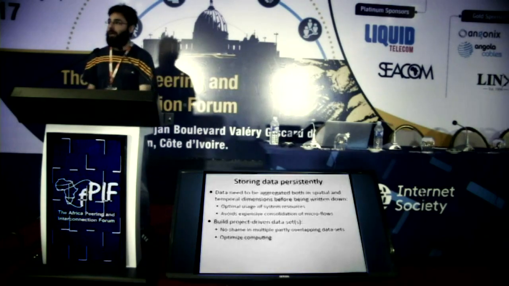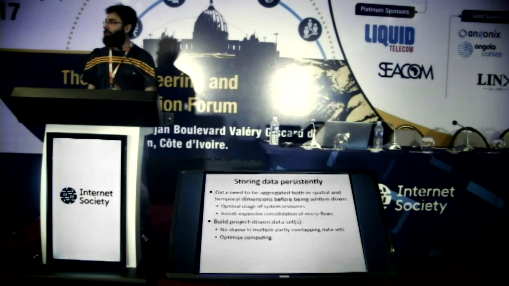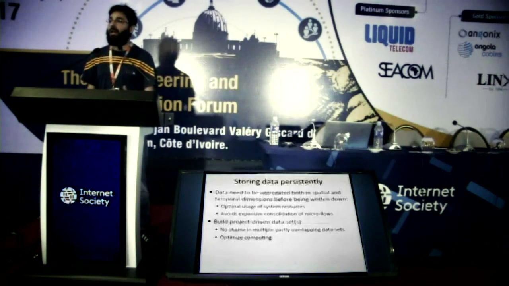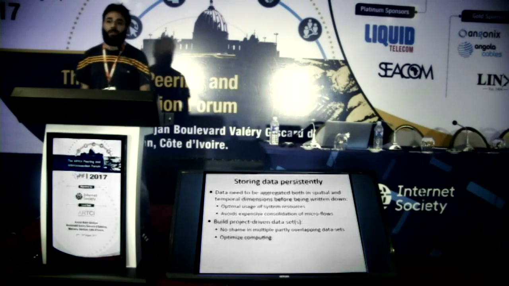So you want to consolidate them in memory and then write a very lean data set that matches your needs. When writing project-oriented data sets, of course, the same information can be written a few times in different data sets. But there is no real shame in that, because if you consider that you have three components, CPU, memory, and disk, right?